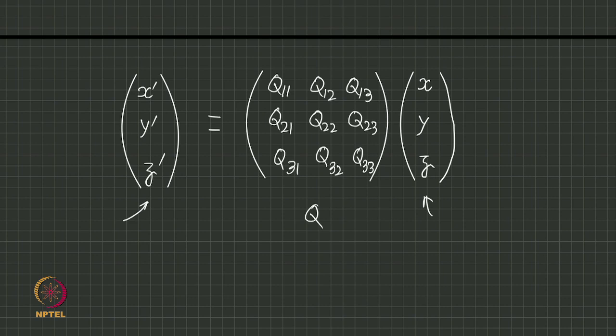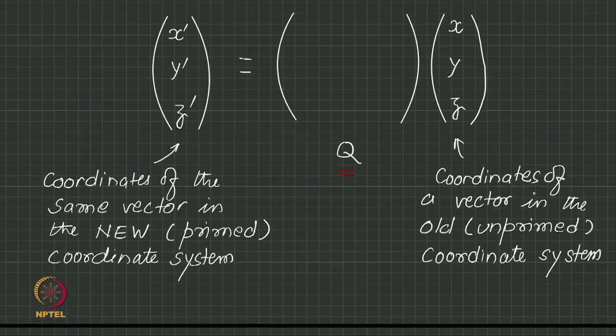This is the matrix. Now, I choose a very special old vector. Any old coordinates of a vector will be transformed to the new coordinates of that vector. But since this vector can be anything, I choose it to be a very special one. I choose 1 0 0. What does 1 0 0 represent in terms of my coordinate system?